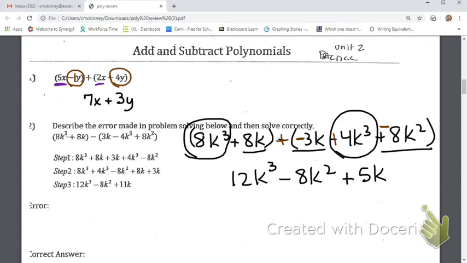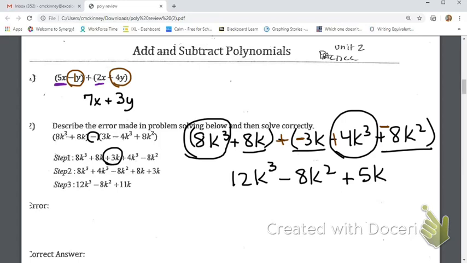Now, they did a lot of rewriting, like putting things together by rewriting it, which of course you can, but that seems like extra work to me. So now I'm going to look and see where things look different. In step 1, they got rid of their parentheses. Looks like they changed this to plus, but our 3k is negative, and they made that plus.